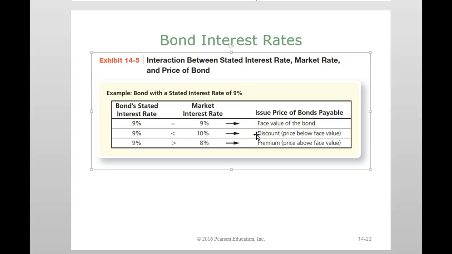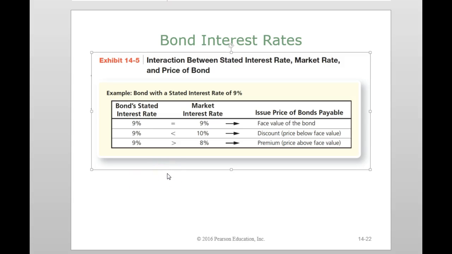The discount will theoretically be the difference between the 10% and the 9%, but the bond will still return a 9% interest payment. But it will sell for less, or be issued for less than the face amount.